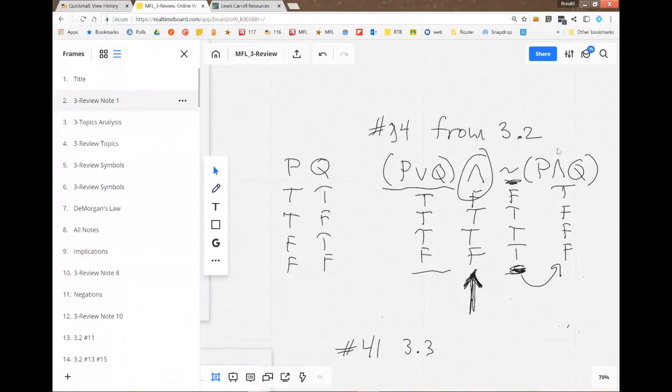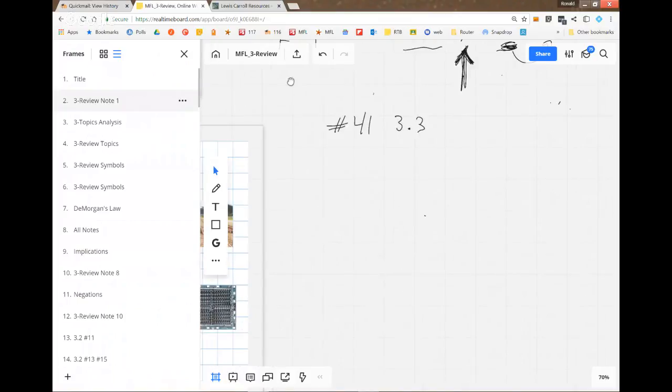Because parts of that were in parentheses, that's kind of a telltale sign that you want to do what's in the parentheses first. Now on this one, number 41, they just told you, we've got if P then Q, and then we've got this P and not Q, and you want to find out if they're equivalent.